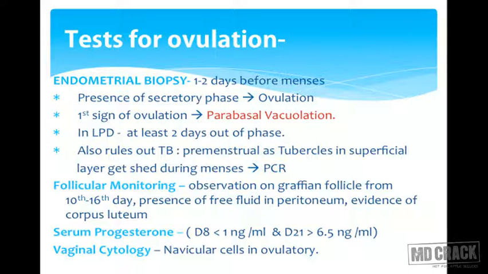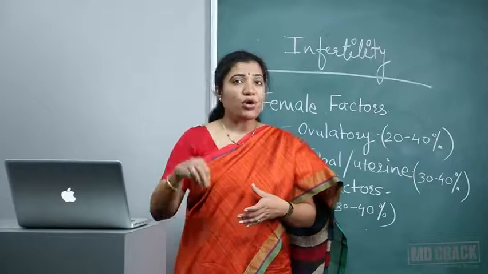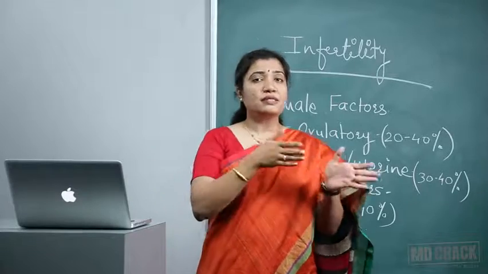Am I very clear? Looking at the histopathology of the endometrium, which we have obtained on endometrial curettage or endometrial biopsy, by reading the changes, the report can tell us which day of the menstrual cycle that woman is in.